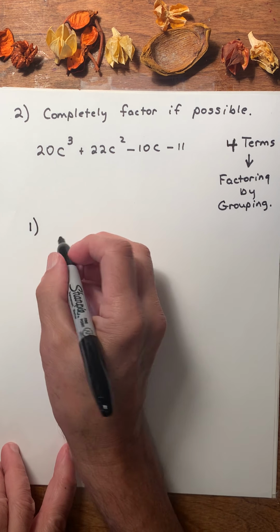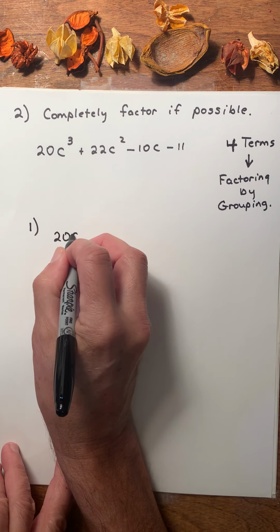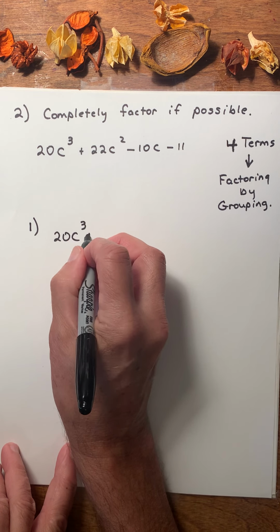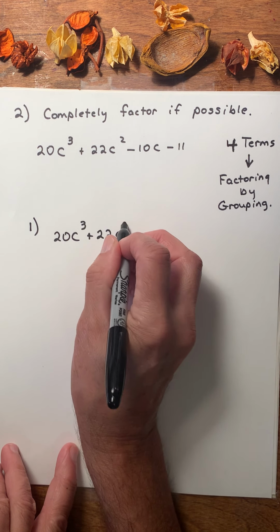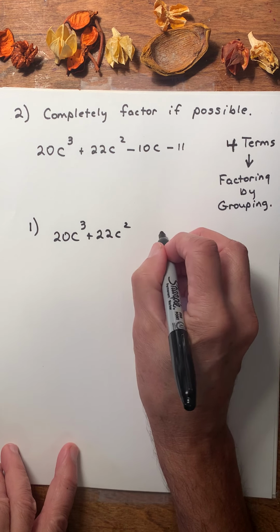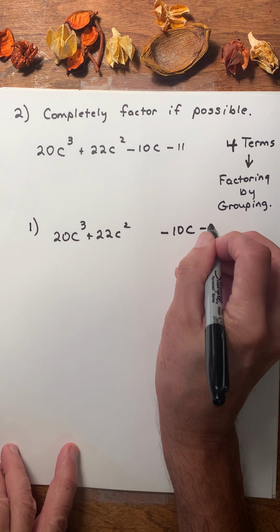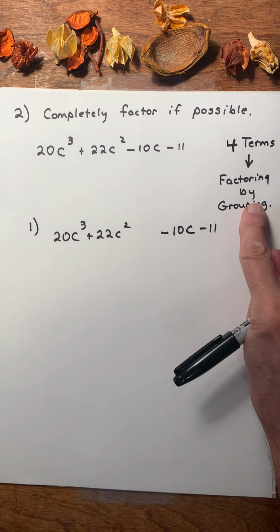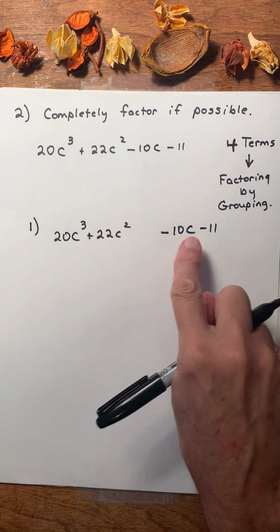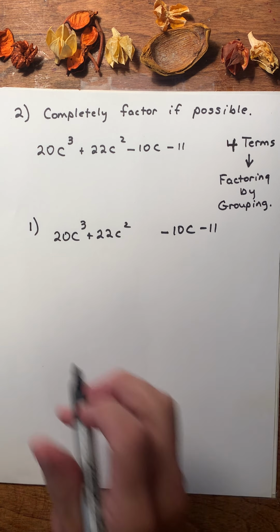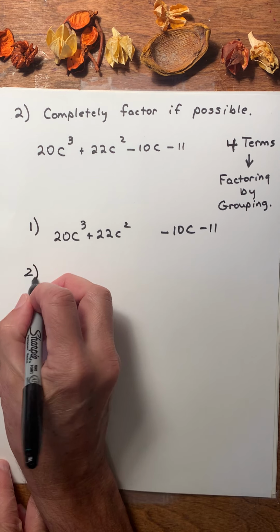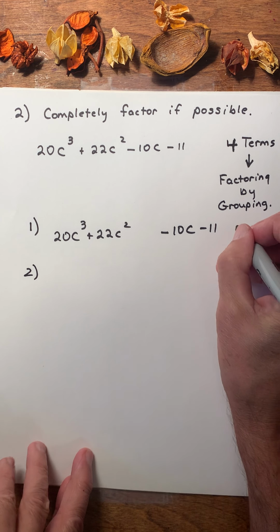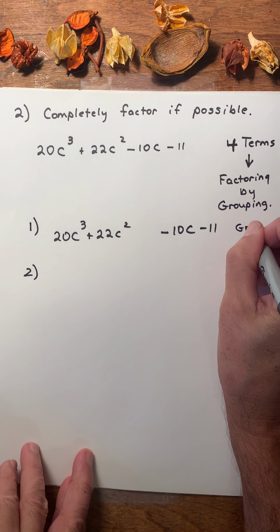I'll do it that way to make it simpler. So I'm putting those two together, and I'm putting those two together. So I have grouped into pairs my four terms.